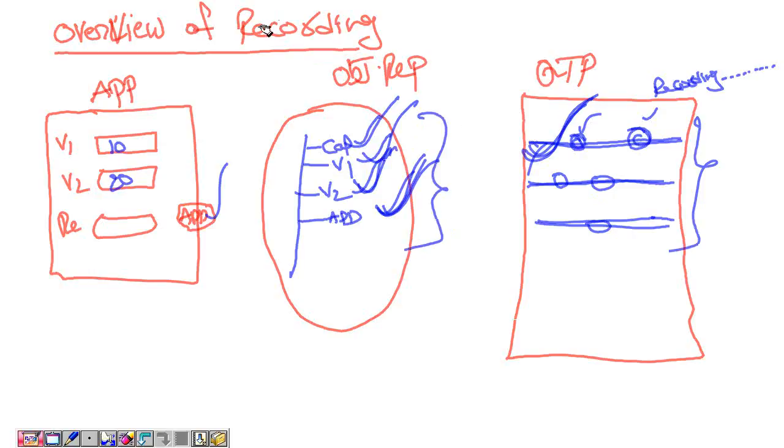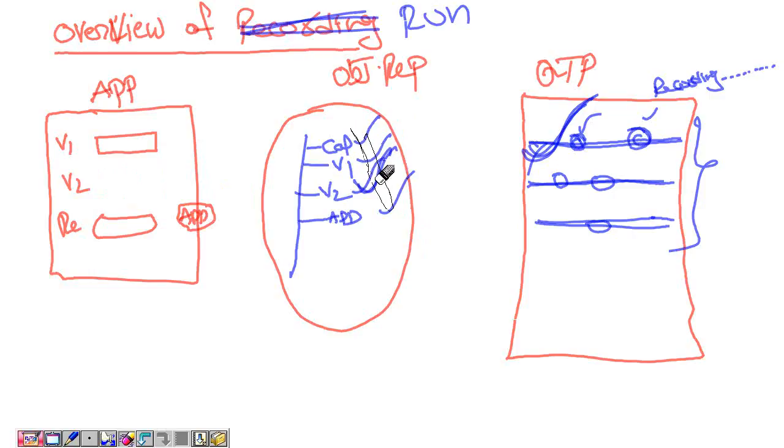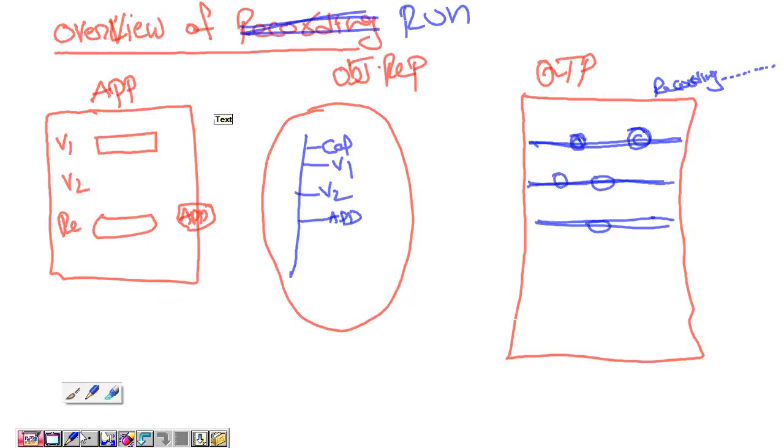Now, overview of running. What is the overview of running? The application is there, the script is there, the object repository is there, everything is there.